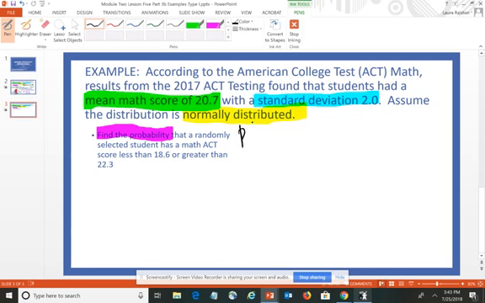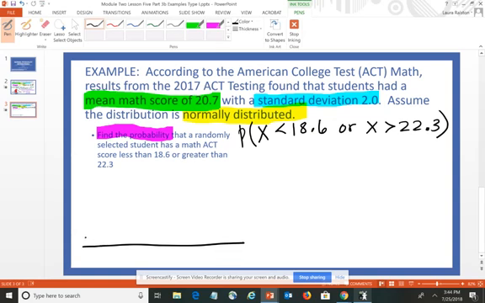The probability that my score is less than 18.6 or my score is greater than 22.3. Again, it'll help you if you create the visual. So I draw my horizontal axis and my bell-shaped curve.